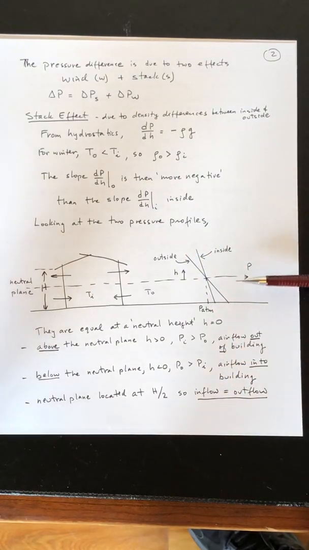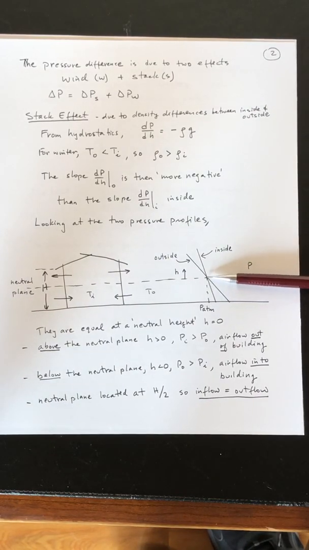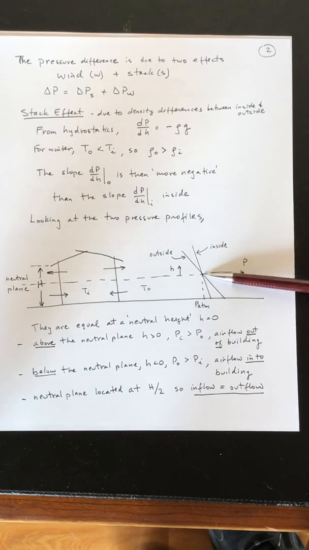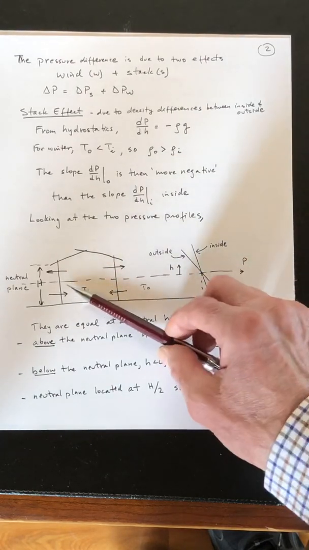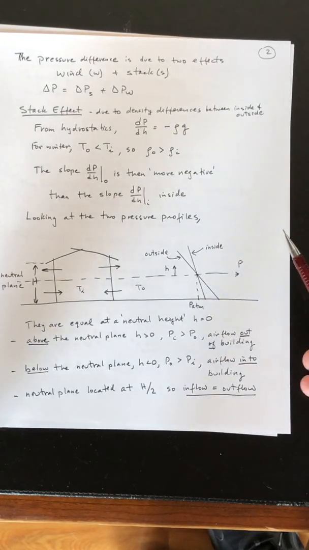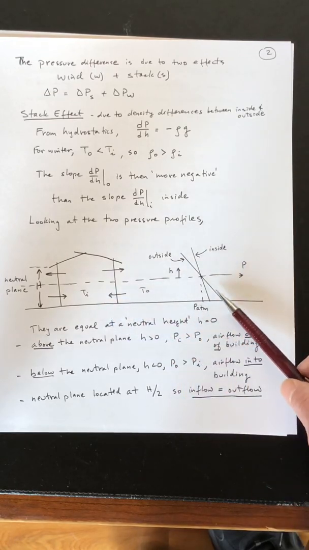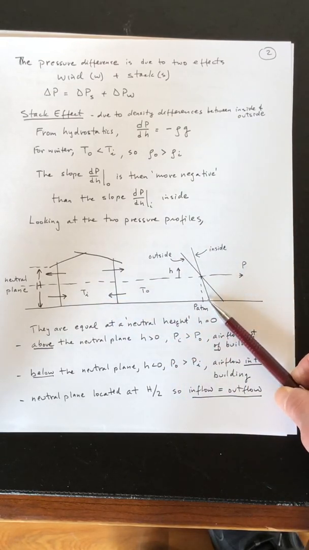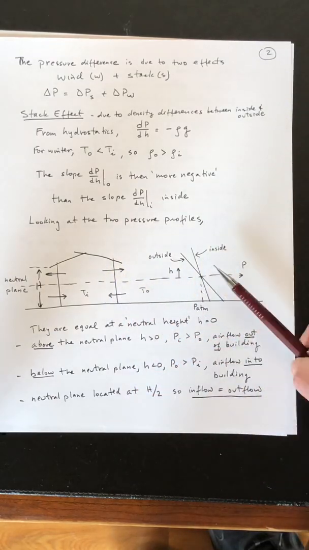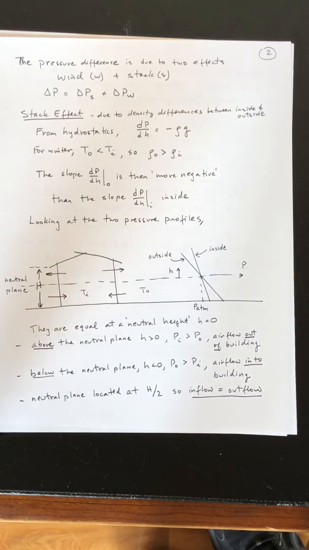And if you pick a point where the two pressures are equal, that will be at the atmospheric pressure, and that will form a horizontal plane where below this plane there's inflow because the outside pressure is greater than the inside pressure, and above the plane there's outflow from the building because the outside pressure is less than the inside pressure.